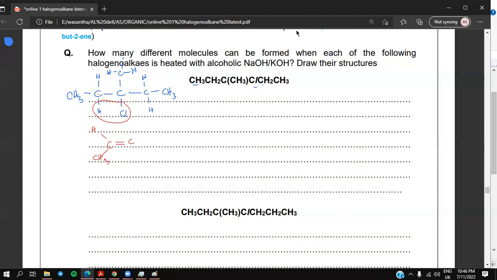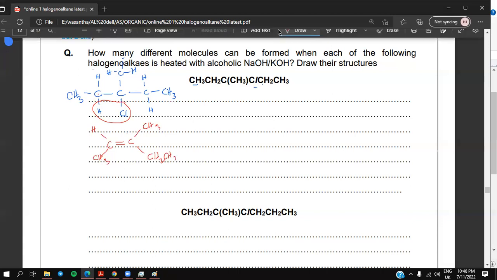On the right-hand side, we have this CH3. Down here, CH2 CH3. This is if the chlorine goes with the hydrogen on the left-hand side.